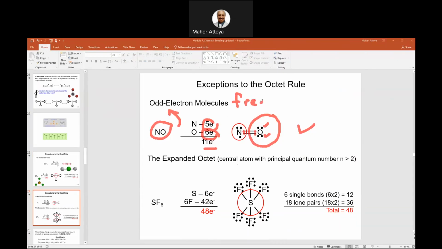What, guys? Free radical. What do we call it in medicine? Those are precursors to tumors.